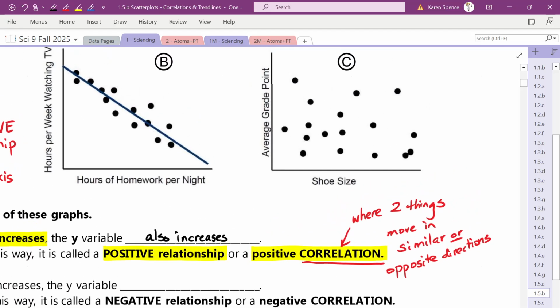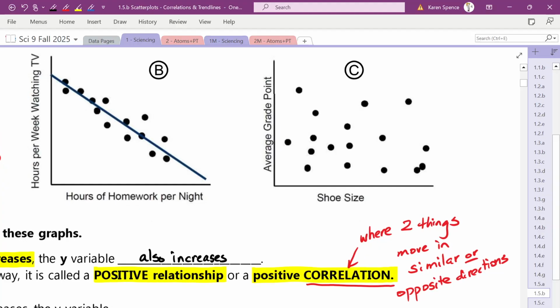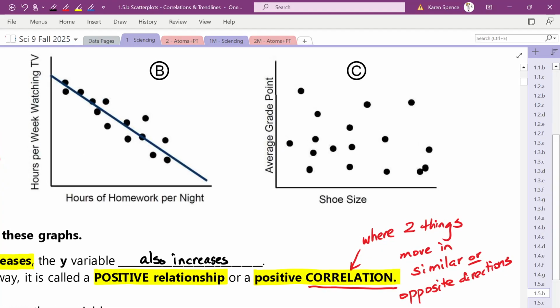But let's say we looked at hours of homework per night. So we got our hours of homework every night. And then we say, well, if you do more hours of homework a night, what happens to the amount of TV you watch? It goes down. So watching TV goes down.